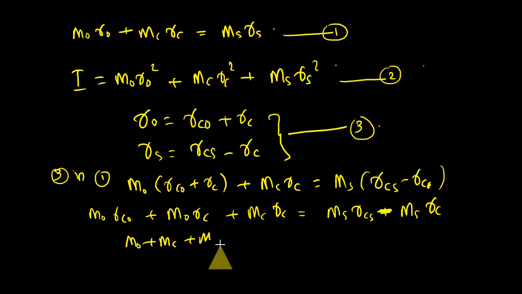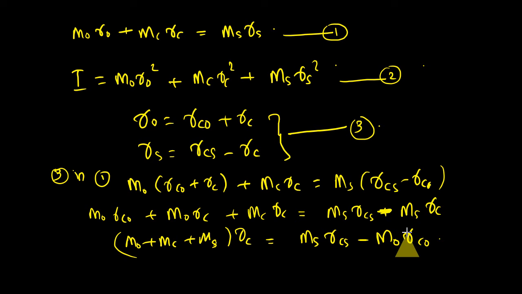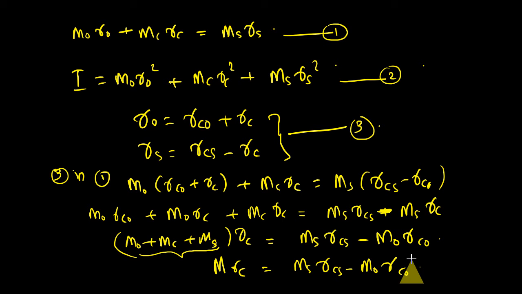So MO plus MC plus MS into the common factor RC is equal to MS RCS minus MO RCO. What is MO plus MC plus MS? That is the total mass of the molecule. So total mass of the molecule M multiplied by RC is equal to MS RCS minus MO RCO.